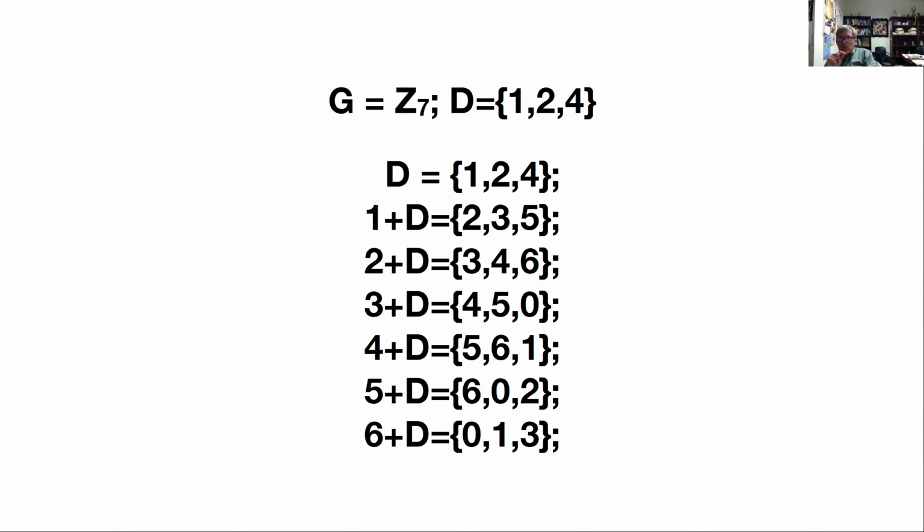If I look at the set of translates of 1, 2, and 4, and by that I just mean add 1 and you get 2, 3, 5, add 2, you get 3, 4, 6, and just keep going, working mod 7, I claim that any two of those translates will have precisely one element in the intersection. You can pick whichever two you want, and guaranteed, if I didn't make a typo, those will have that property.